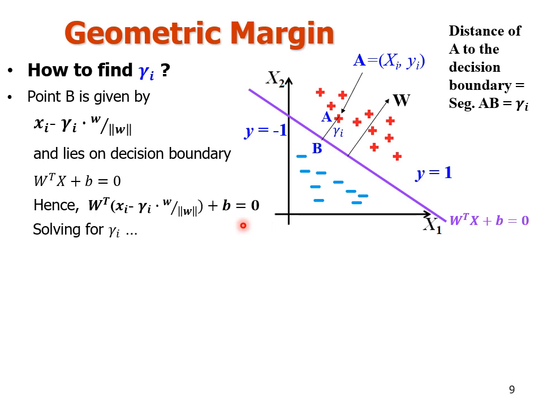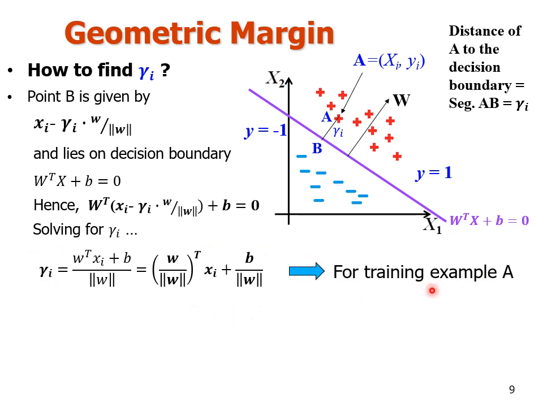By solving this expression for gamma i, we get gamma i is equal to (W transpose xi plus B) divided by norm of W. So that is equal to (W divided by norm of W) whole transpose into xi plus B divided by norm of W. So this expression is meant for training example A, meaning the distance of data point A from the decision boundary is denoted as gamma i, and that is given as (W divided by norm of W) whole transpose into xi plus B divided by norm of W.